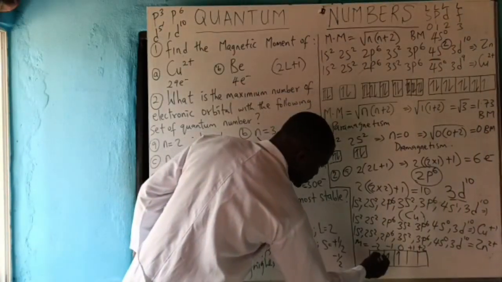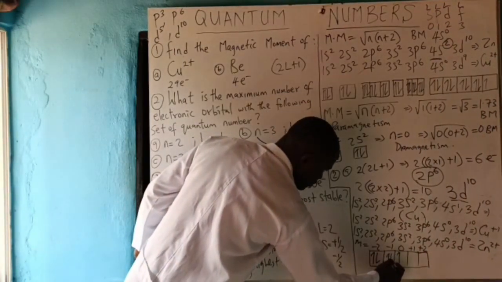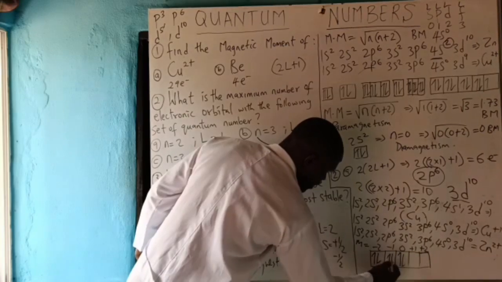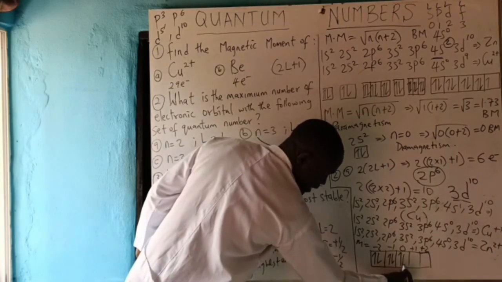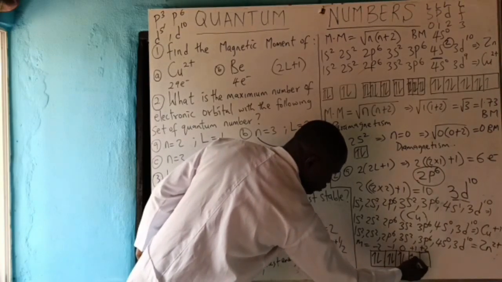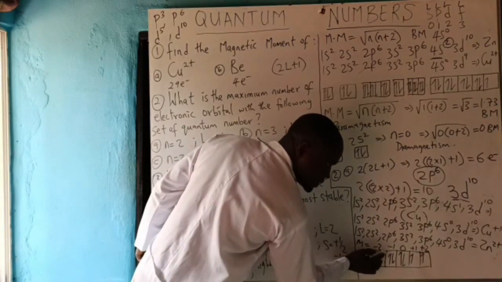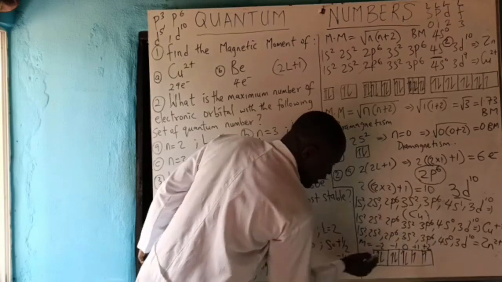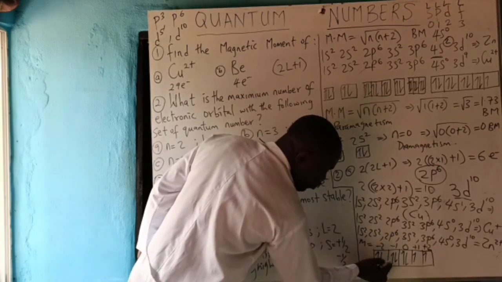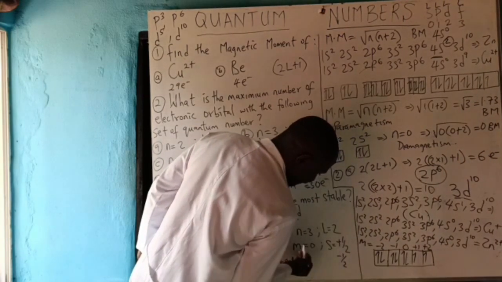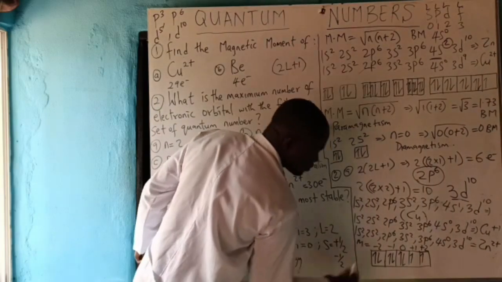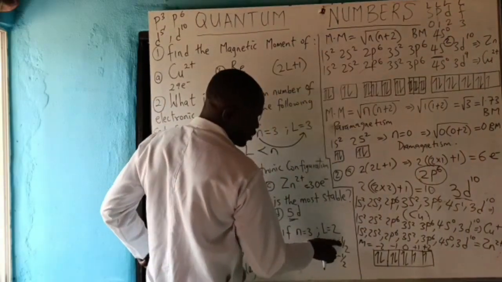That is, if it is minus half, it will stop at downward spin at M equal to 0. So it will enter singly, get filled, and start pairing, so that the downward spin, which is half, will be at M equal to 0.